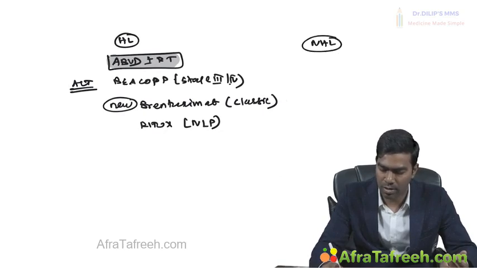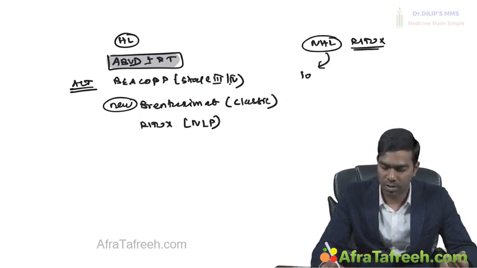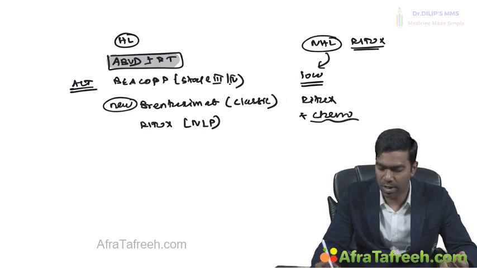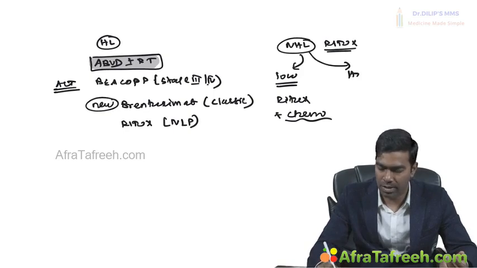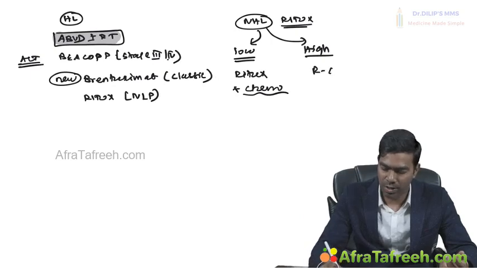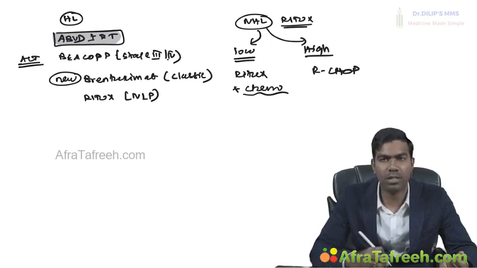And for NHLs, rituximab is the important treatment. If it's low grade, you are going to treat with rituximab plus any one of the chemotherapy drugs like bendamustine and cyclophosphamide. If it's a high grade neoplasm, you are going to treat with the characteristic R-CHOP regimen.